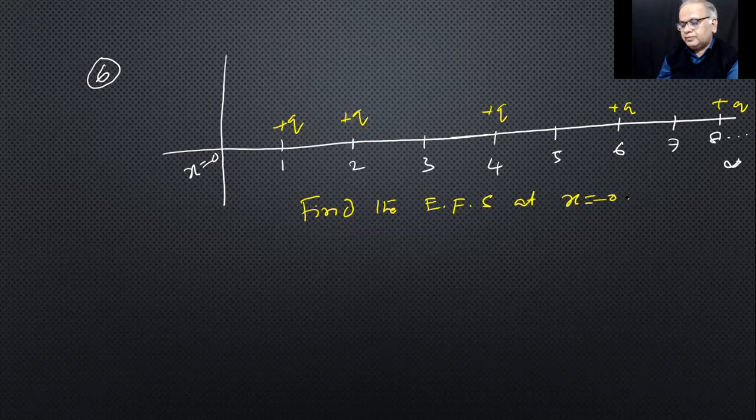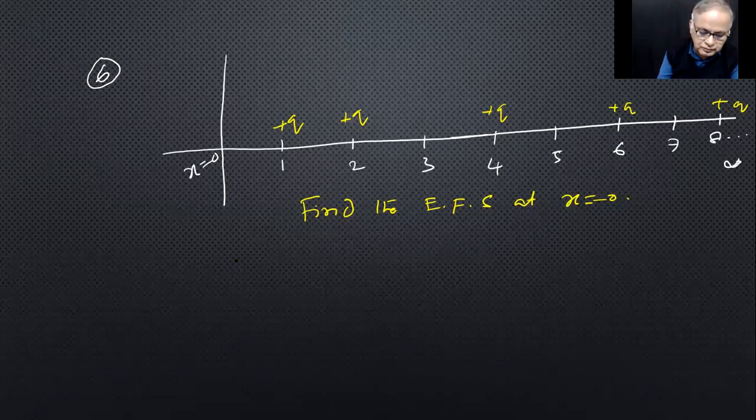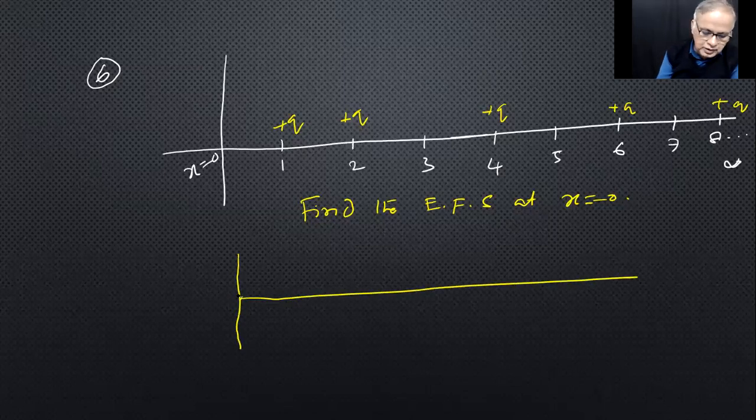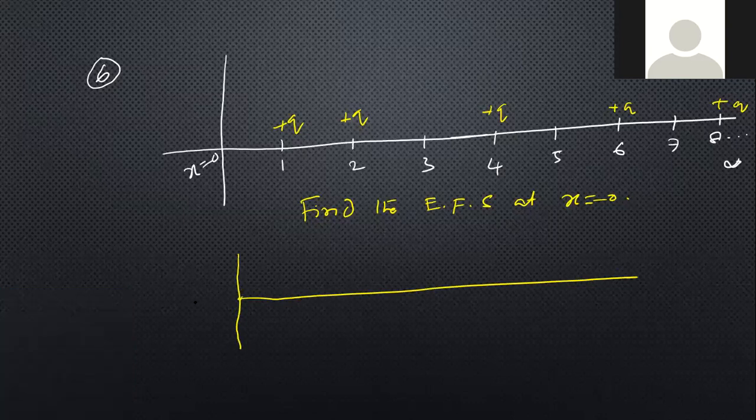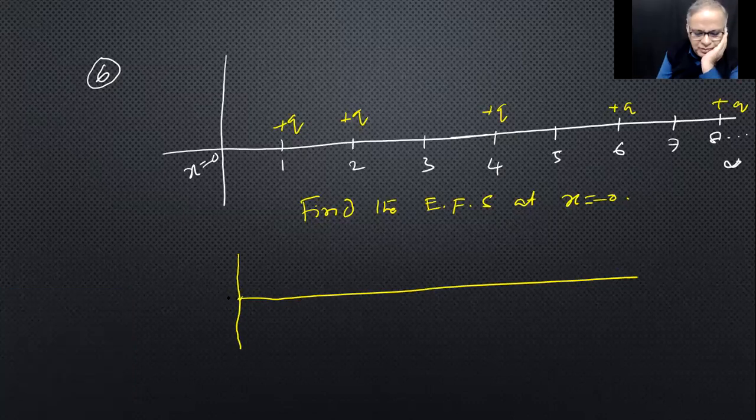So what shall we do? At this point, you need to show the vectors. Sir, 0 will always be to the left of all the charges. Okay, 0 is to the left of all charges, you're saying?